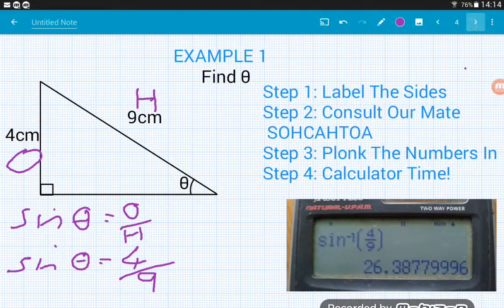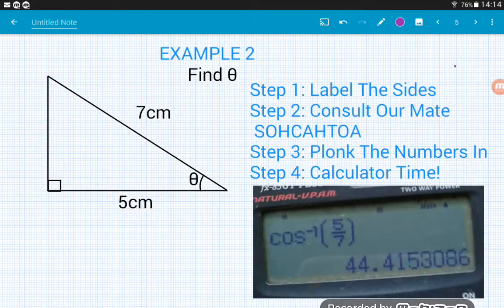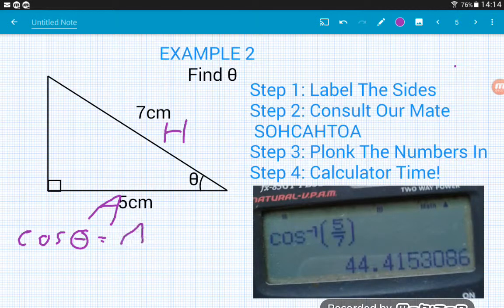Okay, let's have a look at another one. So again, label the sides. So this 5 on the bottom will be the adjacent, and the 7 will be the hypotenuse. Let's go to SOHCAHTOA. So, it's not SOH, it's CAH then, because we've got the adjacent and the hypotenuse. So CAH tells us cos of theta is equal to the adjacent divided by the hypotenuse.